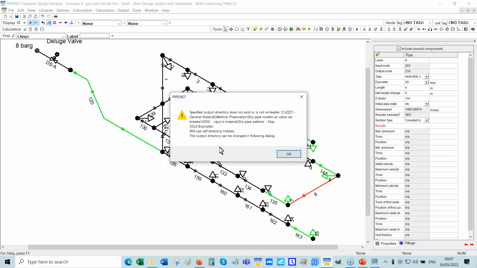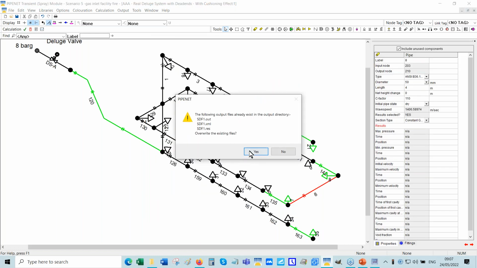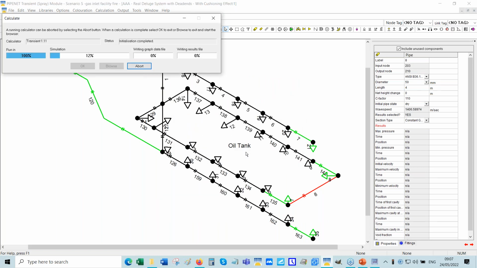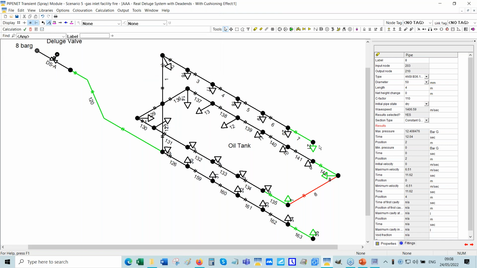So let's see, what would you expect? Let's compare nozzle 21 and nozzle 8.